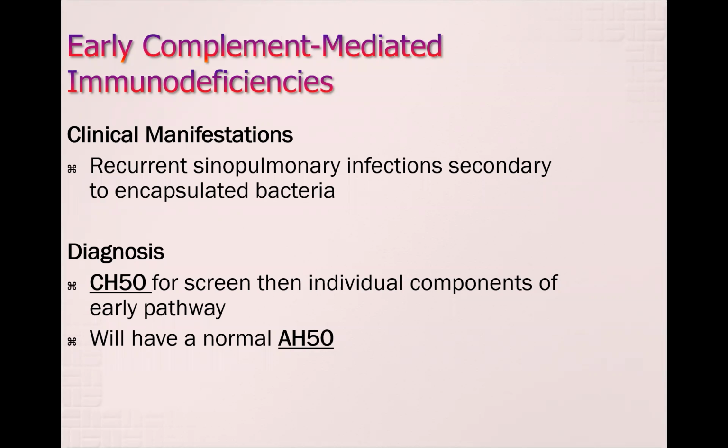For those with an early complement-mediated immunodeficiency, what they will have is a normal AH50, so they can actually go through the alternative pathway for creating complement, but their CH50 will be low. That's in contrast to the terminal component, which will have a low CH50 as well as a low AH50.